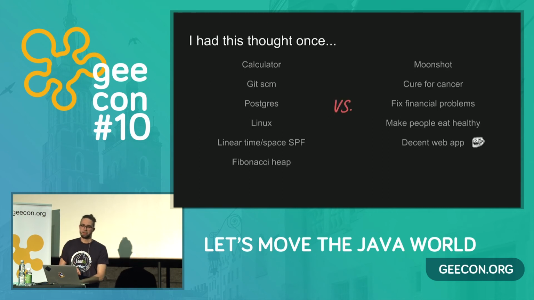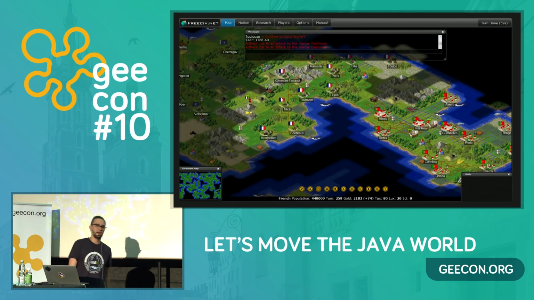So another thought. There are certain complex concepts that are still kind of provable: calculator, Git, Postgres, Linux, linear time, shortest path first. And there are others, like getting people to the moon, a cure for cancer, fixing financial problems, or coming up with a decent web application.